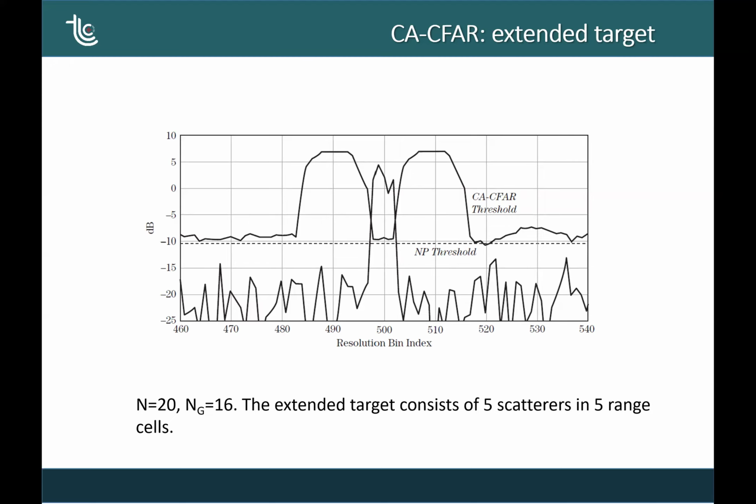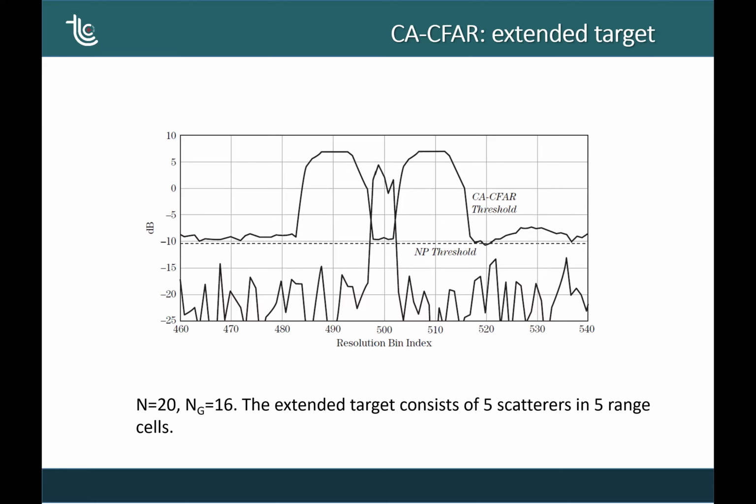So if our target, the longest target that we have, can occupy, say, 5 range cells, then the number of guard cells should be at least 5 before the target and 5 after the target. So 10 range cells. Okay, so this is the minimum that we can have. So the number of guard cells that we can set is related to the dimension of the maximum target.